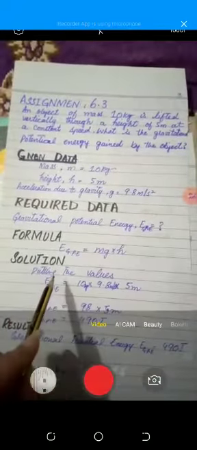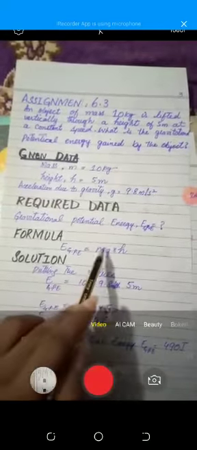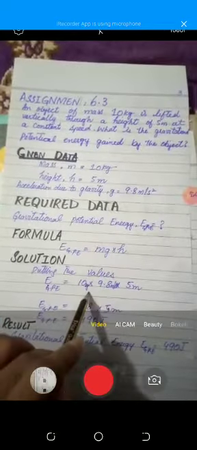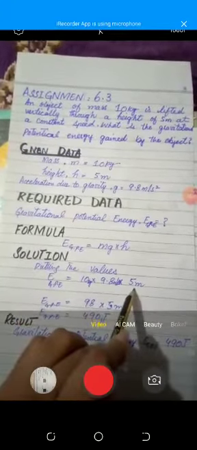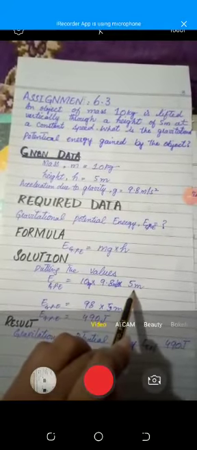We know that the acceleration due to gravity is 9.8 meter per second square. So the formula of the gravitational potential energy is mg into h. What we do is put the values in the formula: m is given to us as 10 kilogram, the gravitational acceleration is 9.8 meter per second square, and the value of h is given to us as 5 meter.